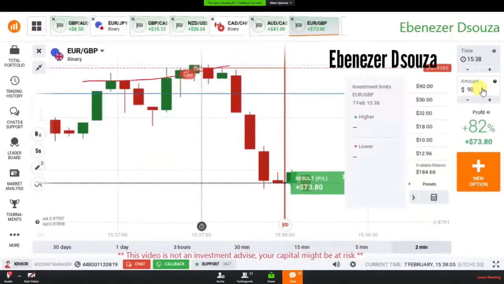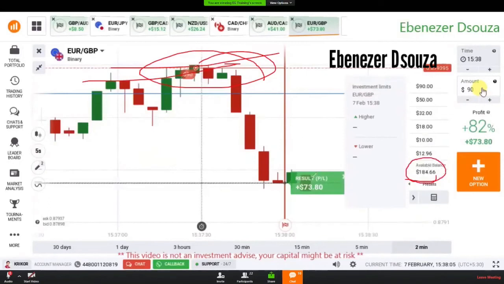Okay, I placed my 5 trades with only this strategy, the breakout strategy. With $10, I think I got 163 dollars.